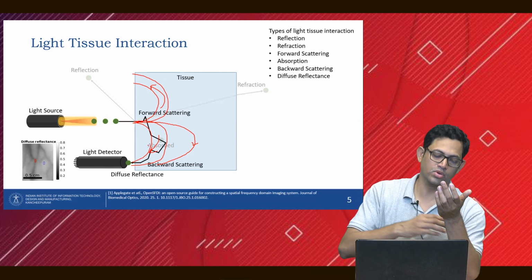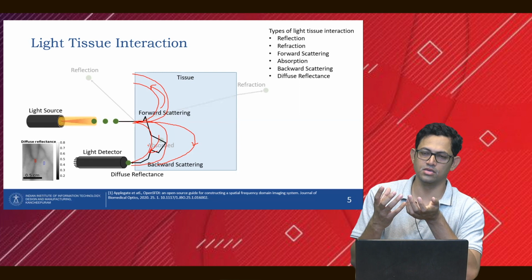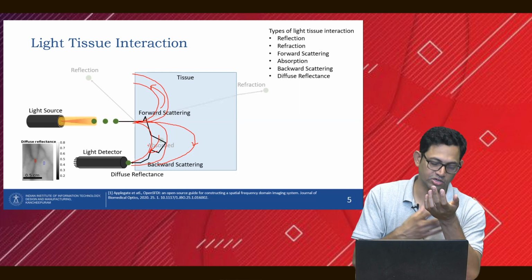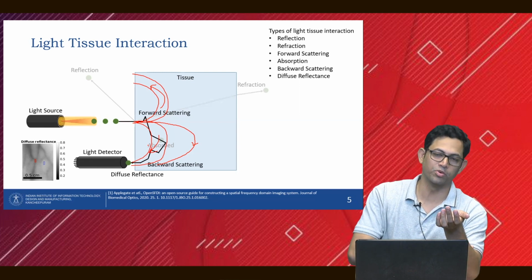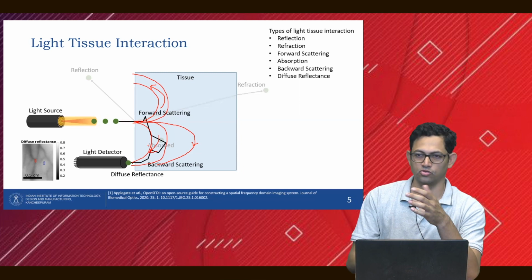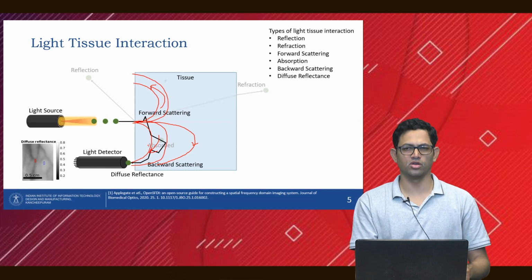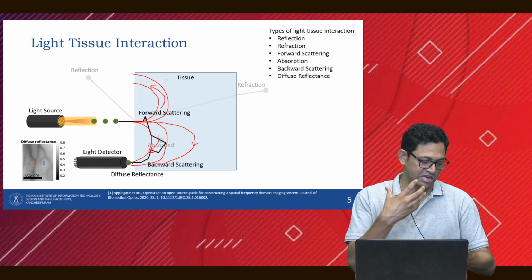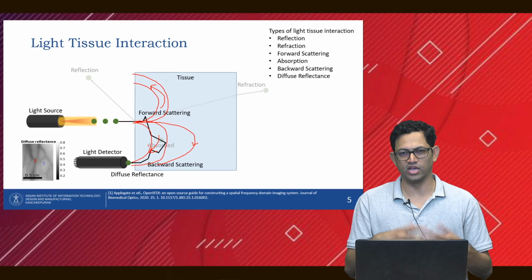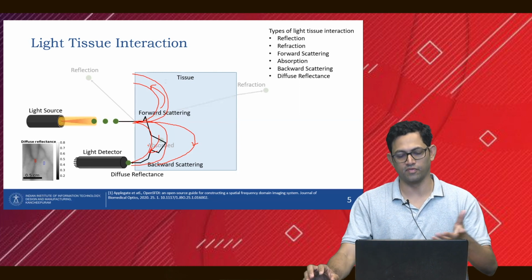So you can only characterize the properties of the tissue which are superficial, that is only on the surface of the tissue, for example blood vessels that are kind of on the surface of the tissue, but you cannot have a very deep tissue investigation with such diffuse reflectance measurements, right.